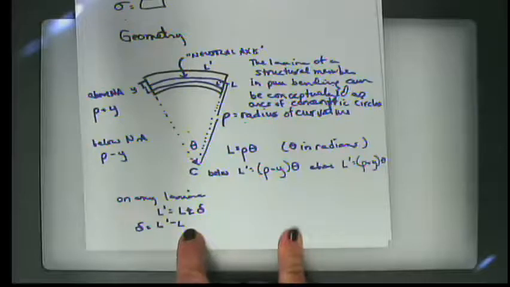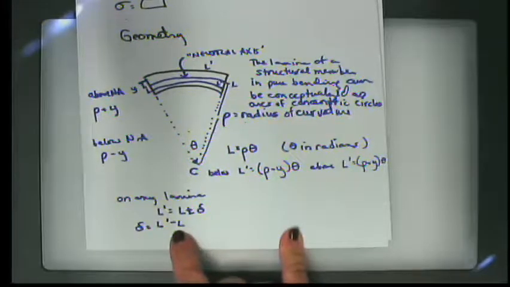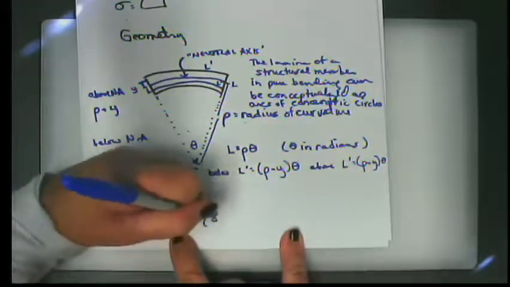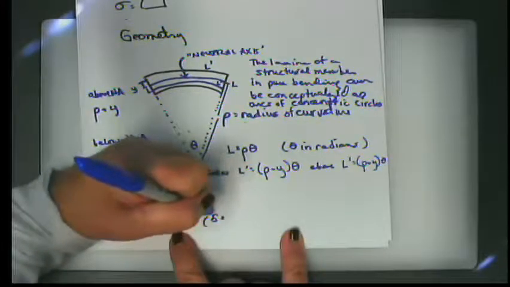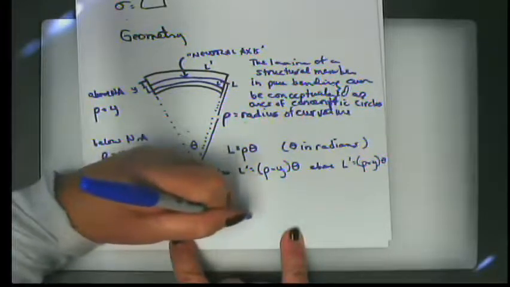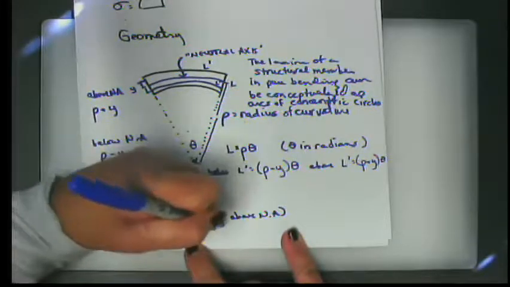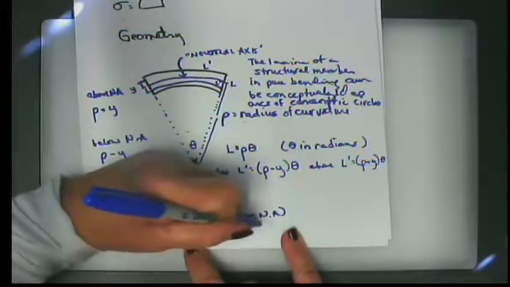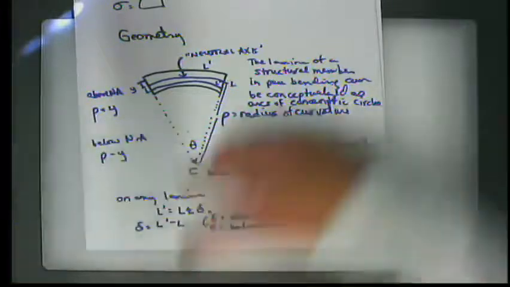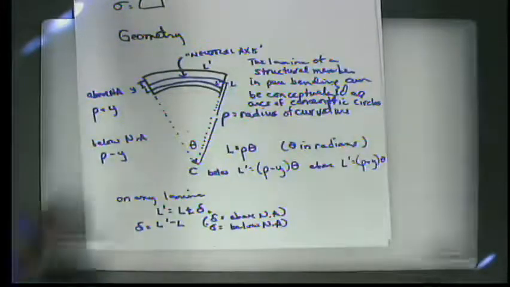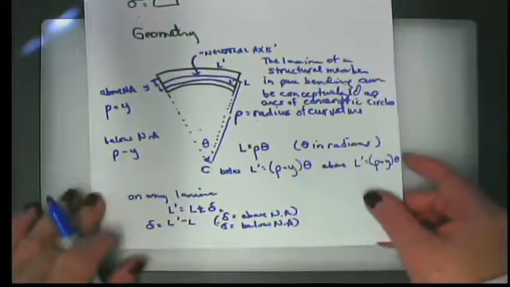However, if del is negative, it would just place it below the neutral axis. So del positive means above the neutral axis, or away from, and del negative is below, the way I have this drawn. But really what I'm talking about is away from the center of curvature. Okay, so if it was curved upward, this would be the opposite.